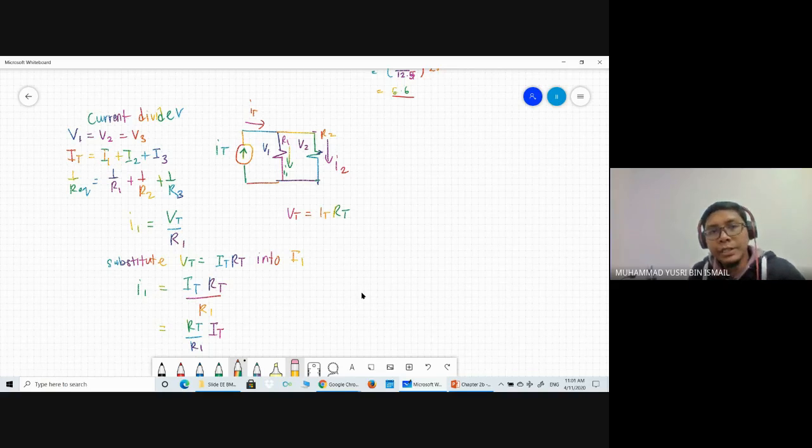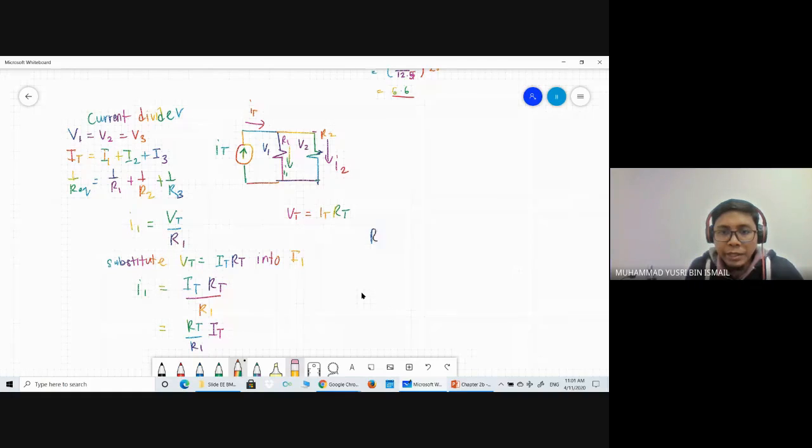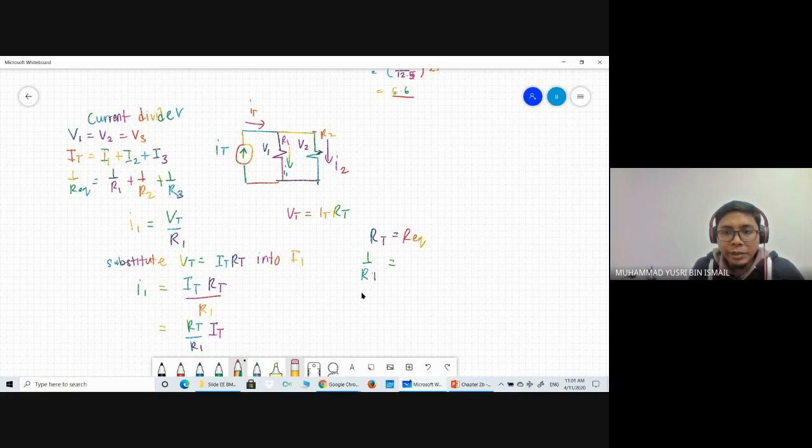Now for R total, R total is basically equal to the R equivalent, which in a parallel circuit will be 1 over R total equals 1 over R1 plus 1 over R2.